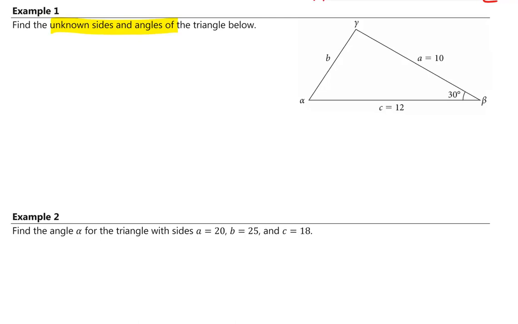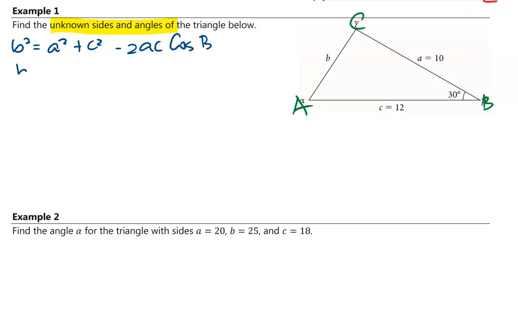So we have side A here, this is your angle A, this is angle B with side B, and angle C with side C. Let's start with solving for side B. We know the formula is B squared equals A squared plus C squared minus 2AC cosine of the angle, which is angle B.